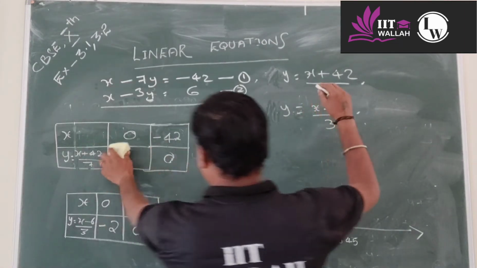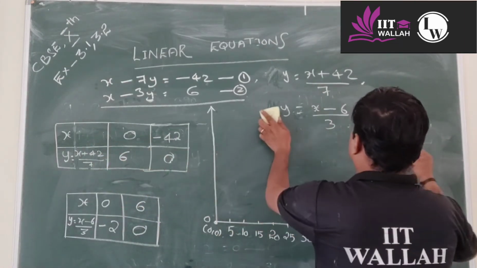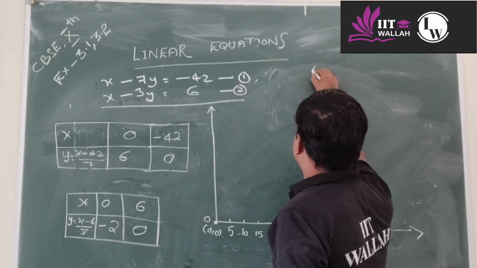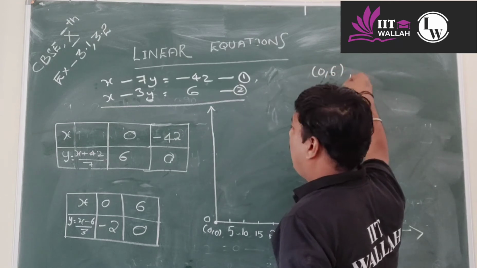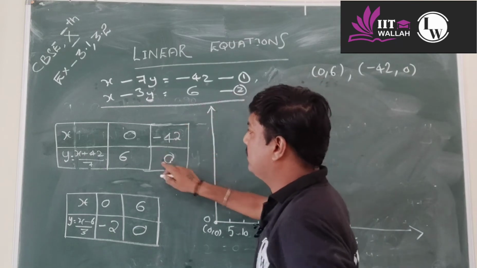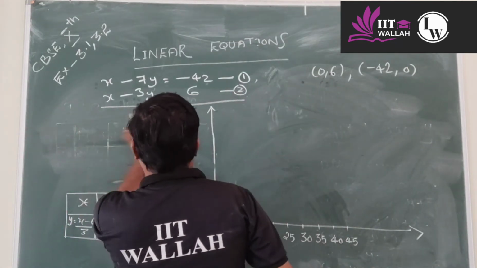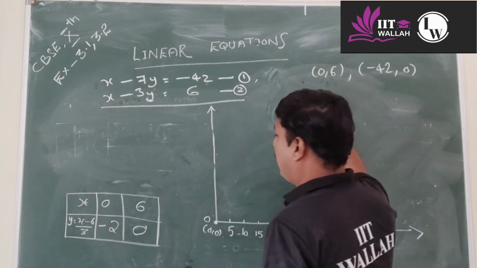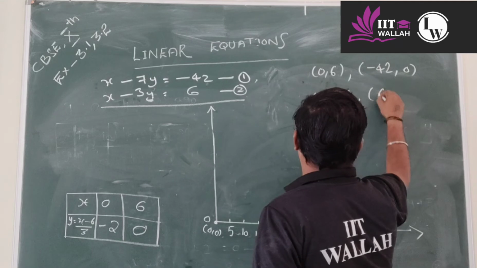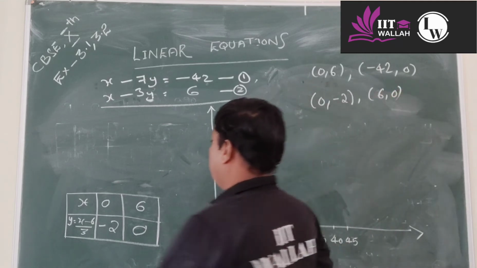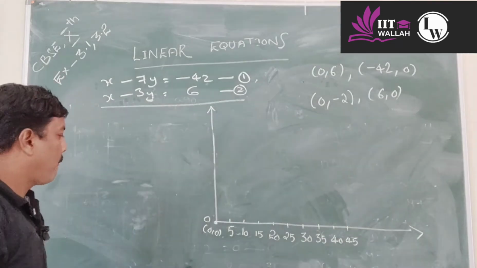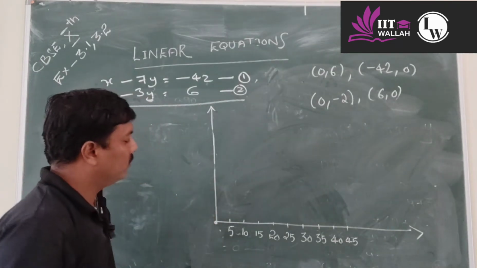Okay, so let me write this coordinate first. 0, 6 and minus 42, 0. This is for this. So I can write this now. Here the coordinates are 0, minus 2 and 6, 0. These are the coordinates. Okay. In the left side also I need to draw this.